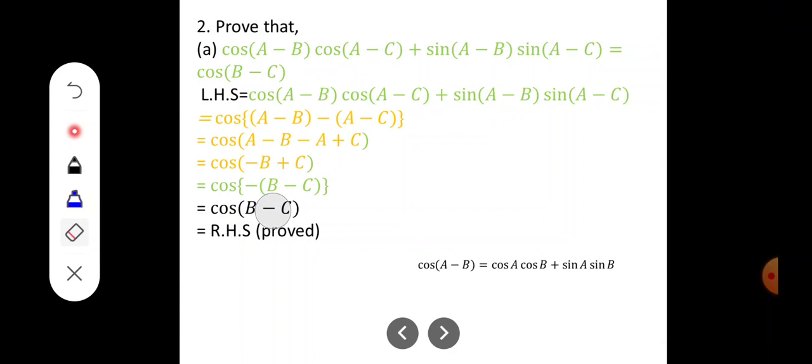So cos minus theta equal cos theta. We can write cos b minus c, and it was our right hand side. So left hand side equal right hand side, proved.